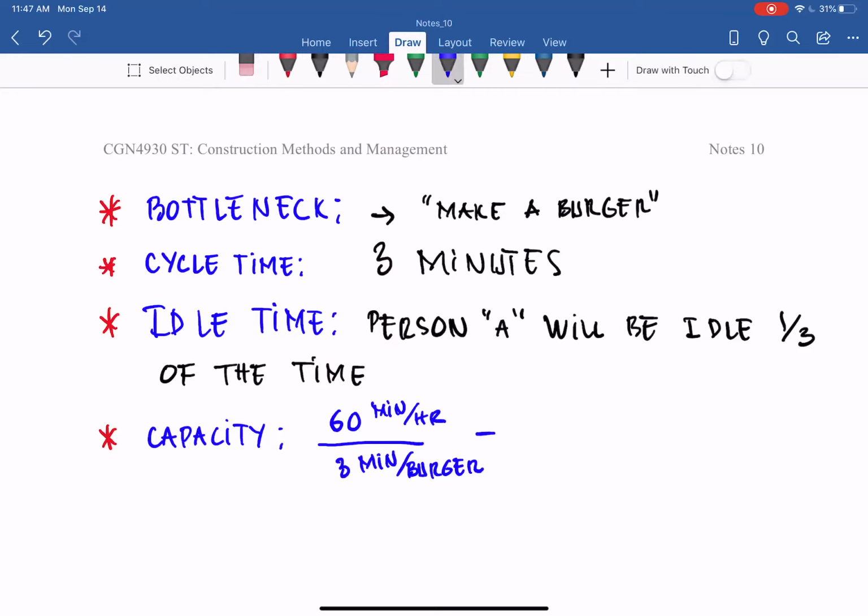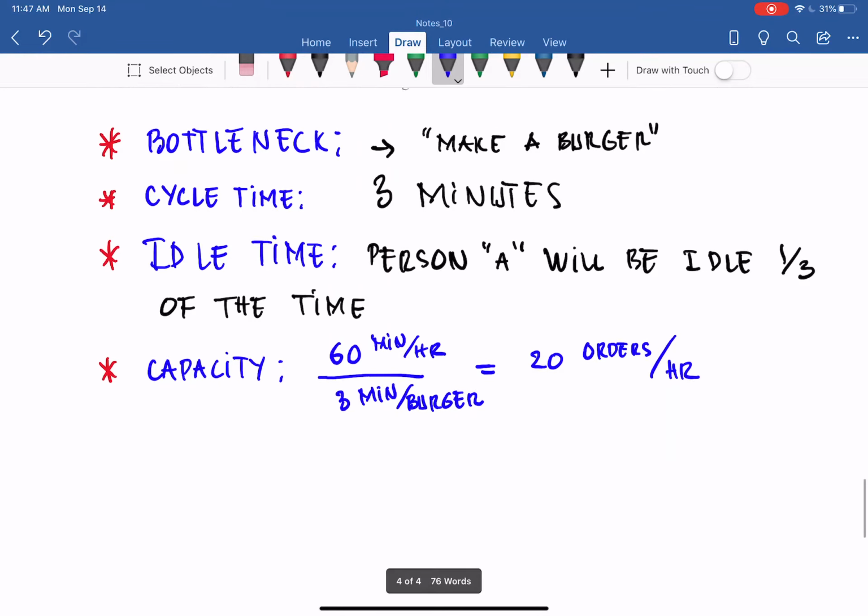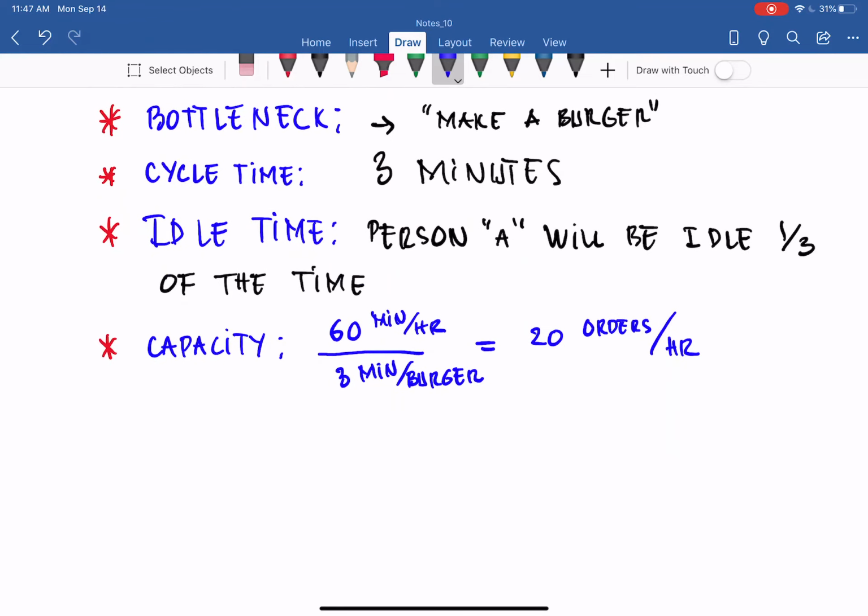From that, we get 20 orders, or burgers, per hour. And that is the capacity.